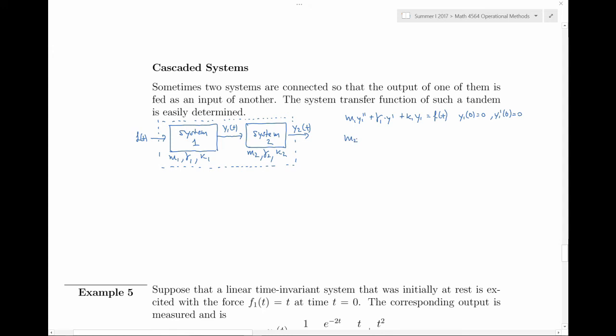And we have a second differential equation, and the input to the second system is y1 of t. And again, let's assume that everything is at rest for now. Then the equations in the Laplace transform domain will look like this.